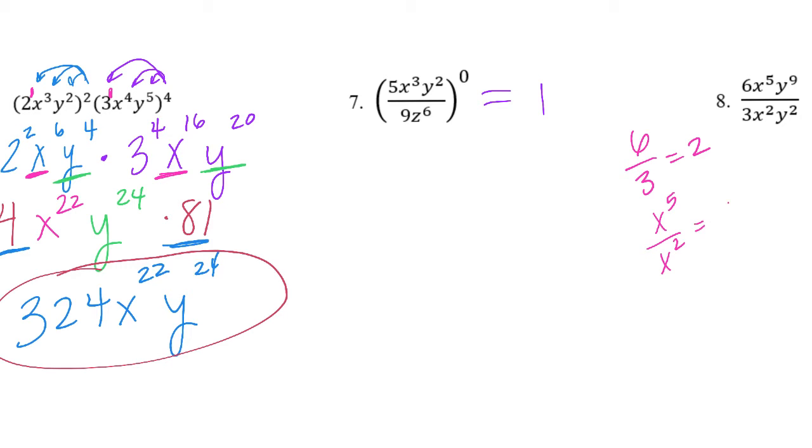Remember, we subtract them, so x to the 5 minus 2 becomes x to the 3rd. And then the y's is y to the 9 over y to the 2nd. So that's y to the 9 minus 2, which is y to the 7. So since they're all positive, the answer is just going to be written in a straight line. So it's 2 x to the 3rd, y to the 7th.